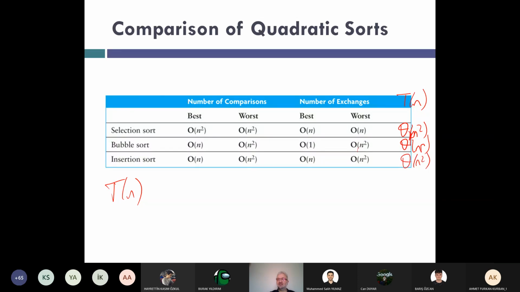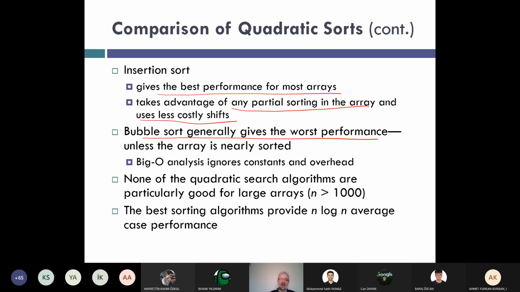But there are constants hidden here that we ignored in this theta notation. In the worst case running times, we can say that the constant for bubble sort is larger than the constant of insertion sort. That's why insertion sort's running time is usually better than the running time of bubble sort.